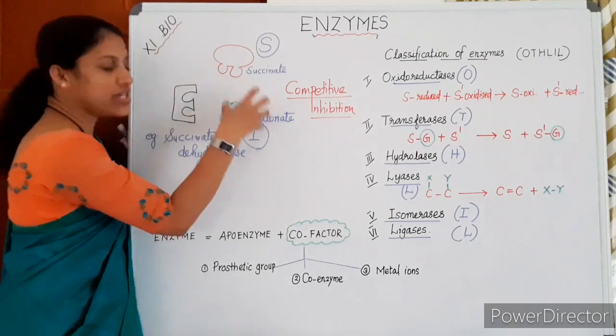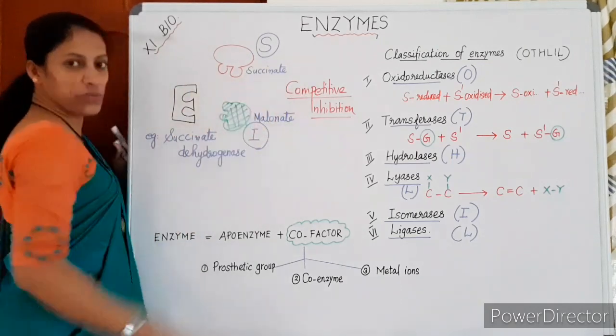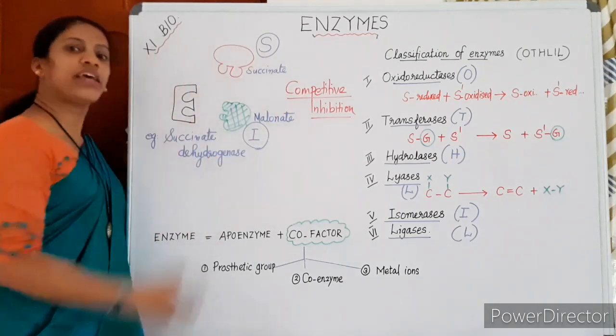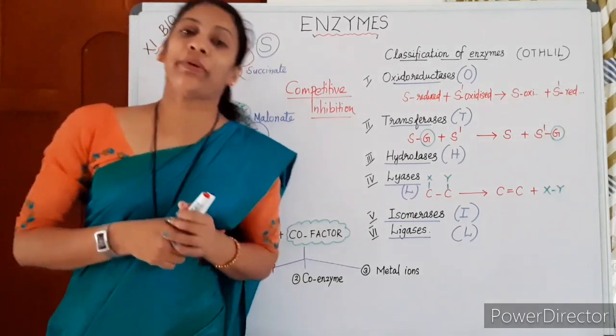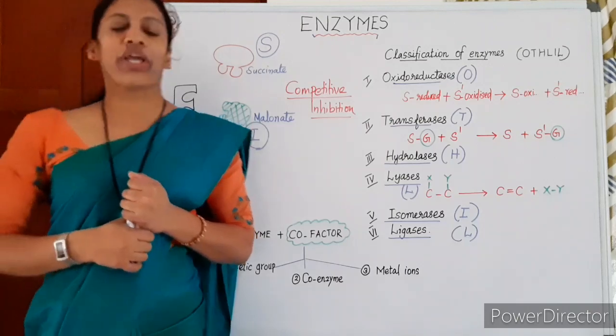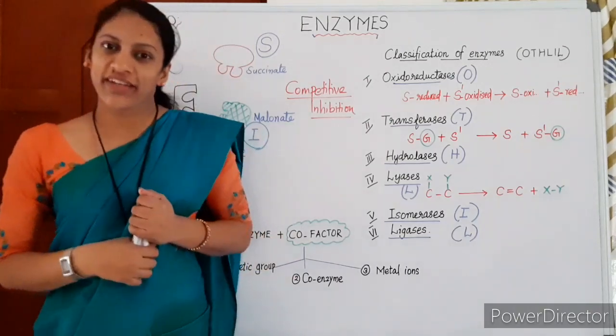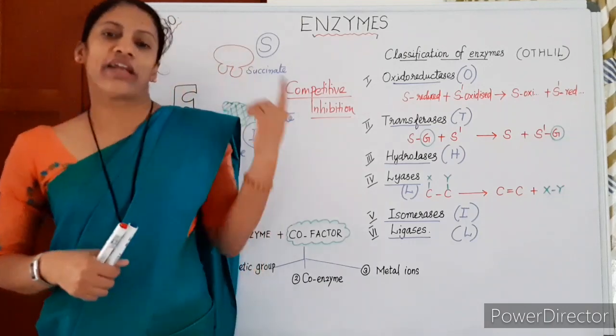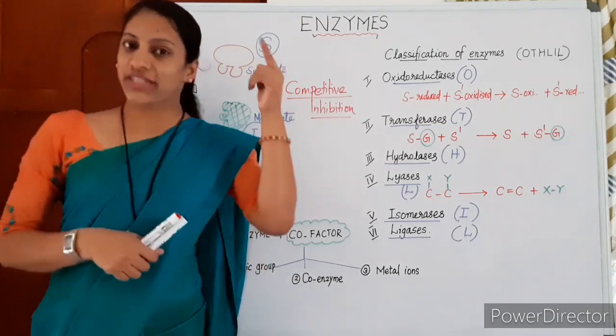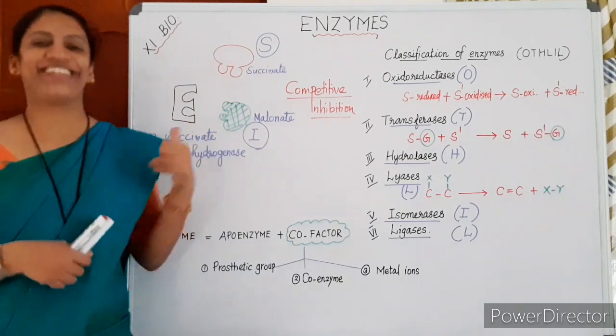Then who wins? If this one wins, that is an inhibition. If this one wins, that is an enzyme action. So enzyme action can be inhibited by some molecules. Who is the inhibitor here? It is malonic acid, or malonate, which is inhibiting the binding of succinate with succinate dehydrogenase.